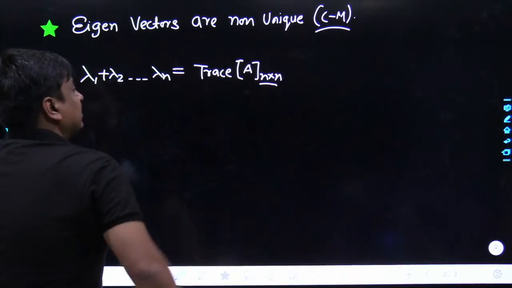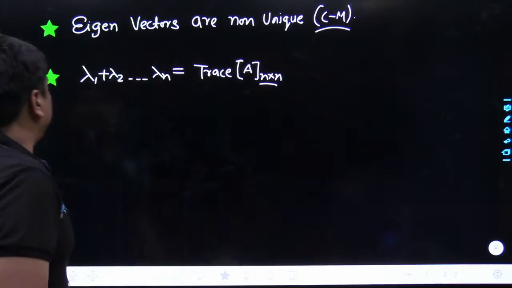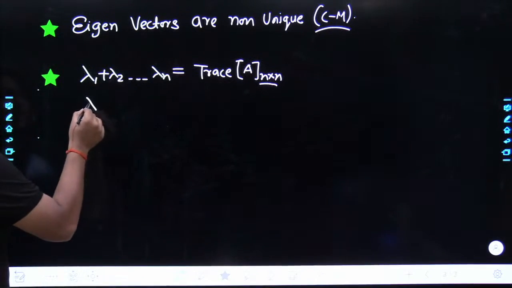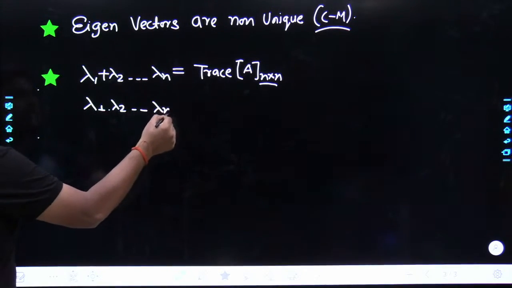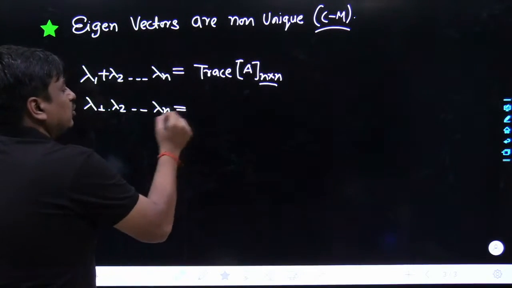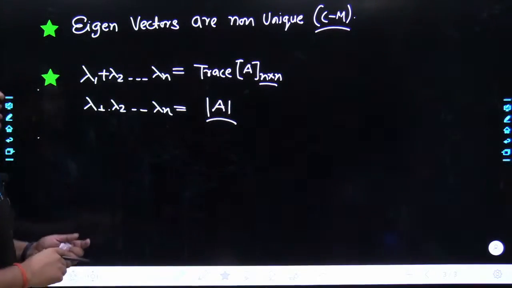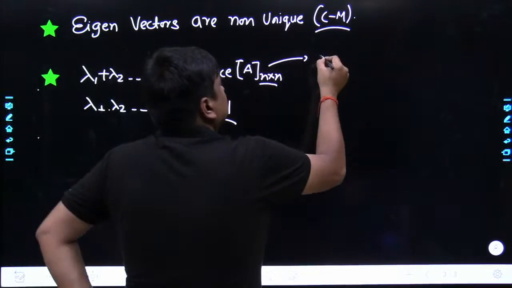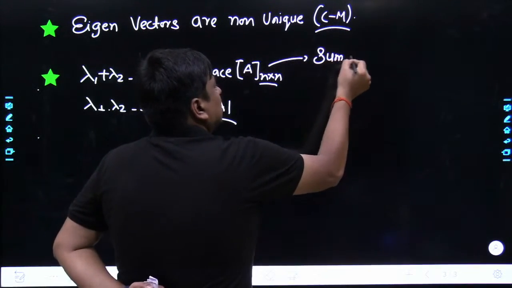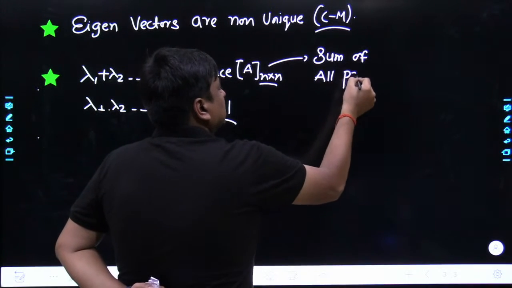The trace is nothing but the sum of its principal diagonal elements. And similarly, the multiplication of all the eigenvalues would simply be equal to the determinant of the matrix A. Write down: the trace is nothing but the sum of all principal diagonal elements.